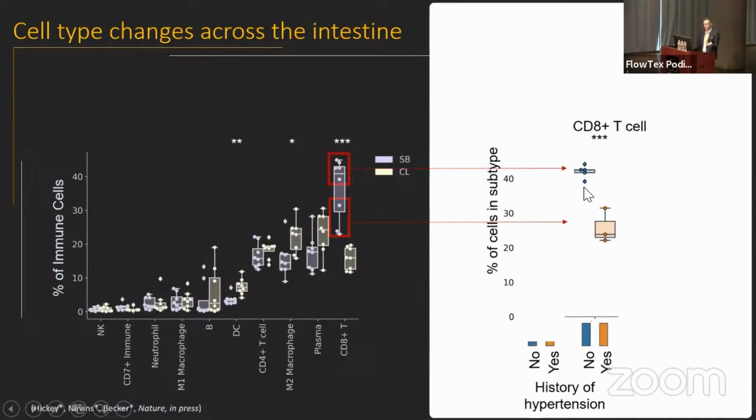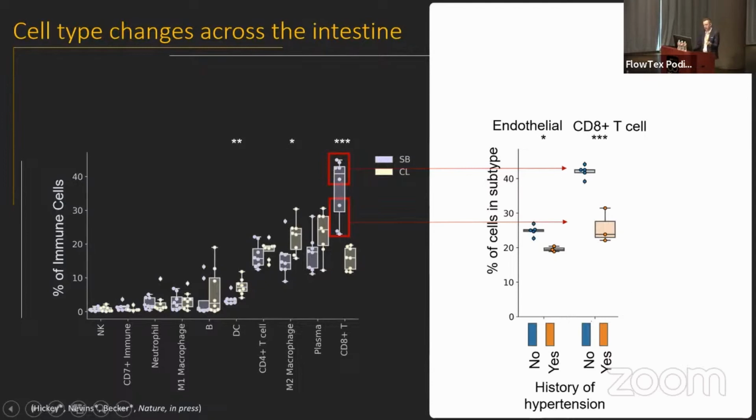So people who had a history of hypertension had much fewer CD8 T cells within the small intestine as compared to those who didn't. And we confirmed that this was also true for endothelial cells, which you would expect to be the case for people who have hypertension. So this is something that's interesting, has implications for therapies, cancer, and can be followed up in the future.